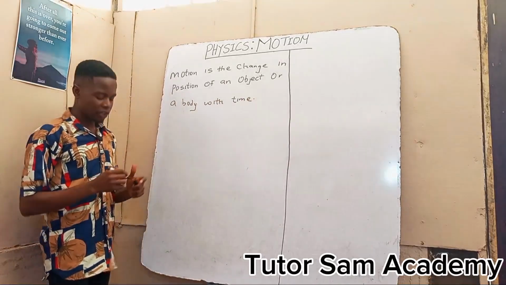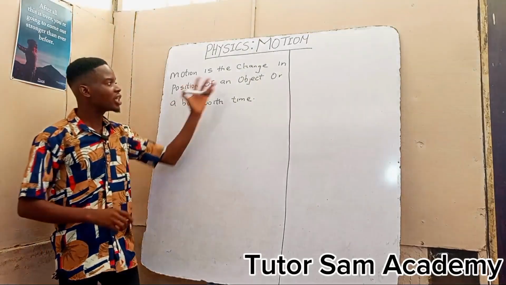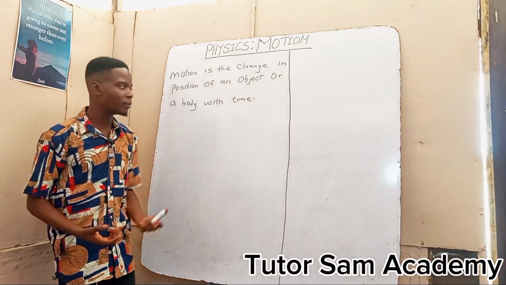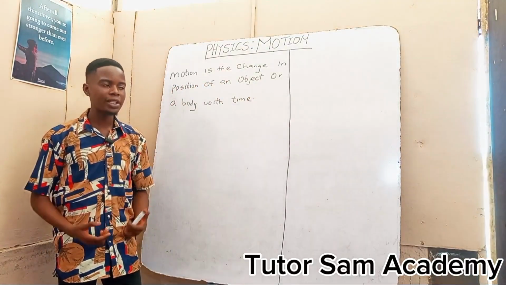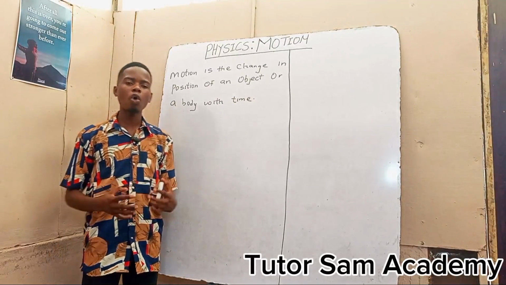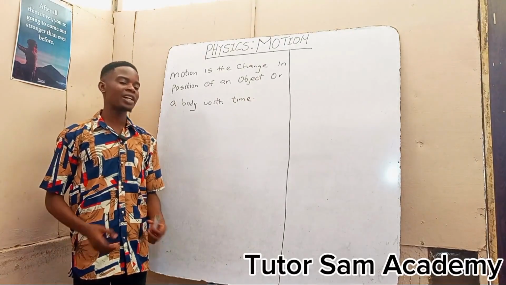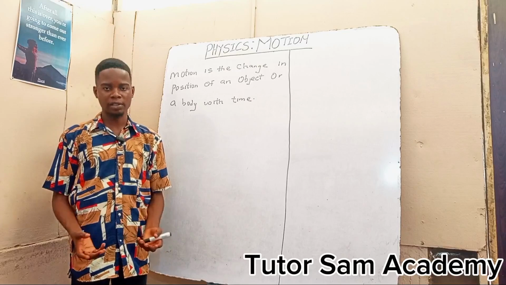So by simple definition, motion is the change in position of an object or a body with respect to what? To a time. So motion occurs with a given time. In layman understanding, we can simply say motion is just like a movement.